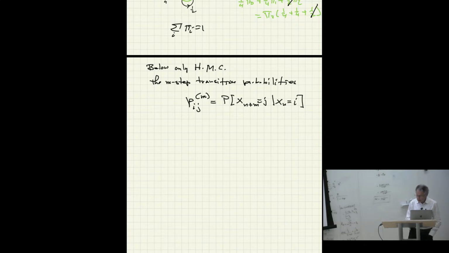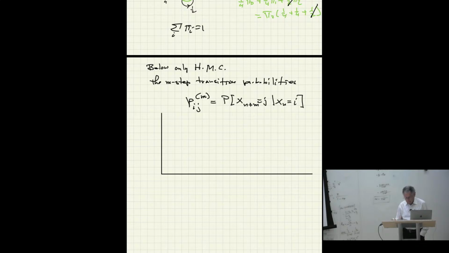So let's see how that can work. Let me draw various states on the vertical axis and the time step on the horizontal axis. Remember, this is discrete time. And the various states on the vertical axis. And let's look at, say, time n.